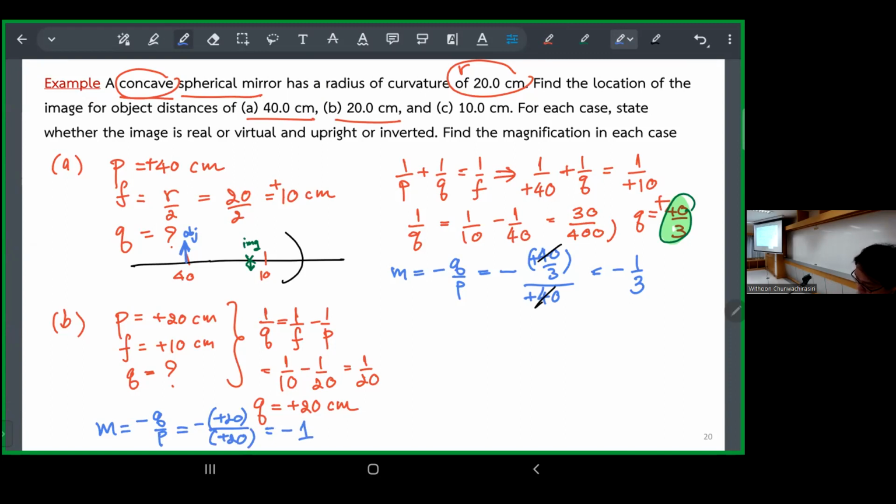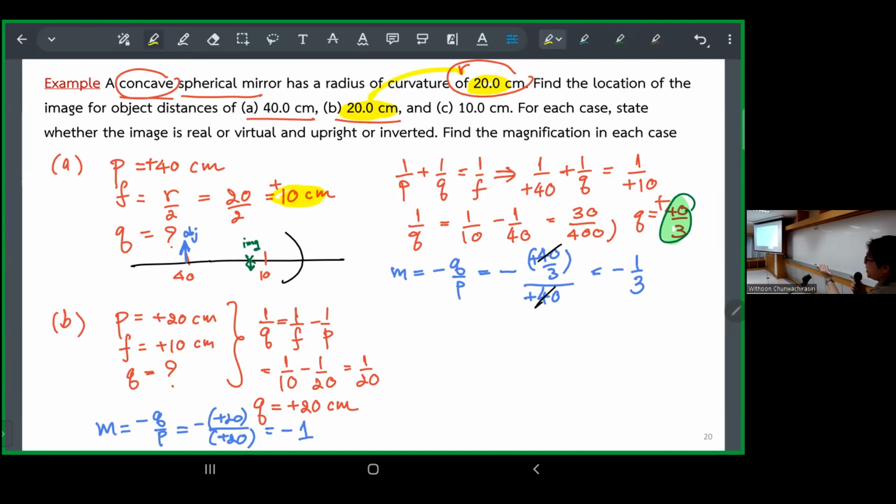Your focal length of this one, you notice that? Yeah, the focal length is 10. But then you place your object at 20, which is exactly at your center of curvature. So of course, when you have the source at the center of curvature, once it bounces off the mirror, it will come back to itself.